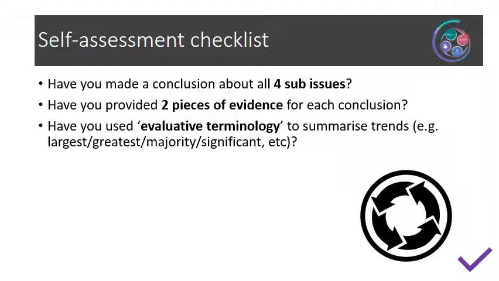Have you used evaluative terminology to summarise trends? Words such as largest, greatest, majority, significant? And have you used all 3 sources? Just to repeat, every time you have a go at a conclusions question, use this self-assessment checklist to tick off whether or not you have met all the criteria.